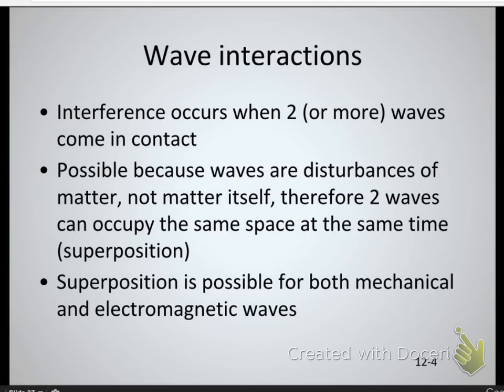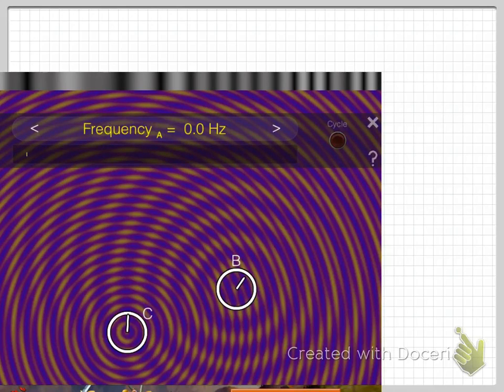So we're going to do a quick demo. This is actually an app that I'm going to pull up. If I can find a way to screenshot it, I will, and then we'll put it in the notes. We've got our picture here of constructive and destructive interference. Wherever we see these yellow bulges, all the yellow there, that is all constructive interference.